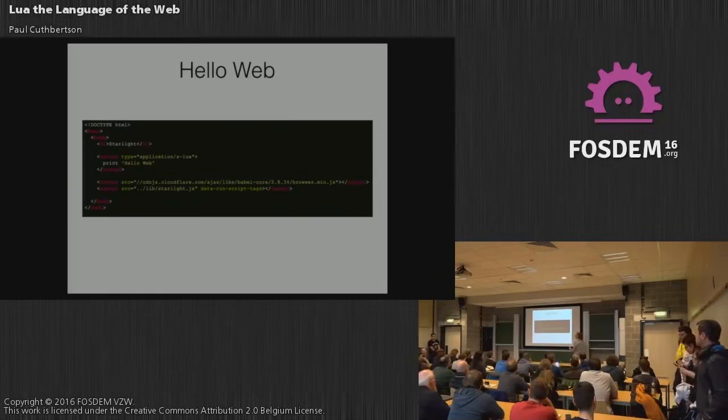Yeah, Zoom doesn't work. Okay, well, you've got your Lua code here in a script tag with a Lua type. You include the Starlight library, which will take the tags that mark Lua and execute them on page load if you've got the switch. It does translate it to ES6, which some browsers don't.